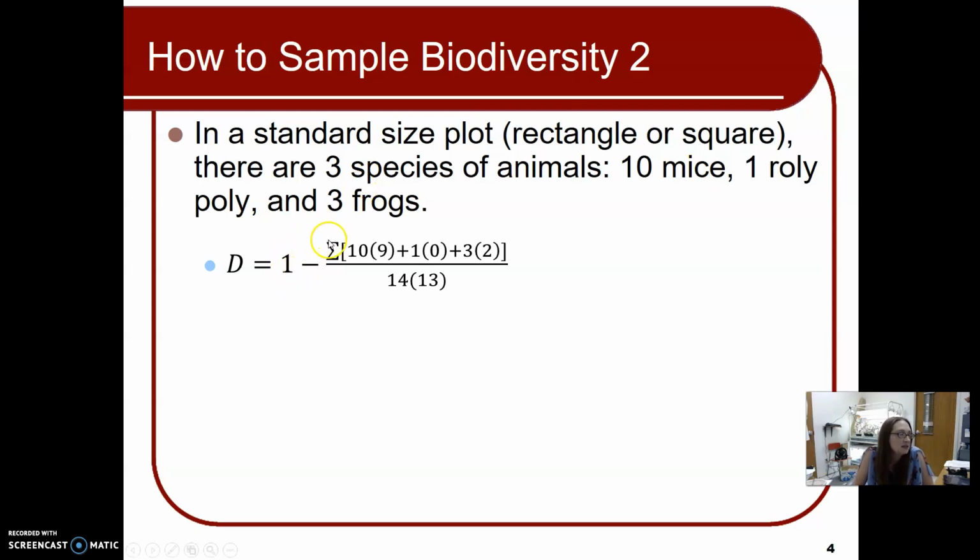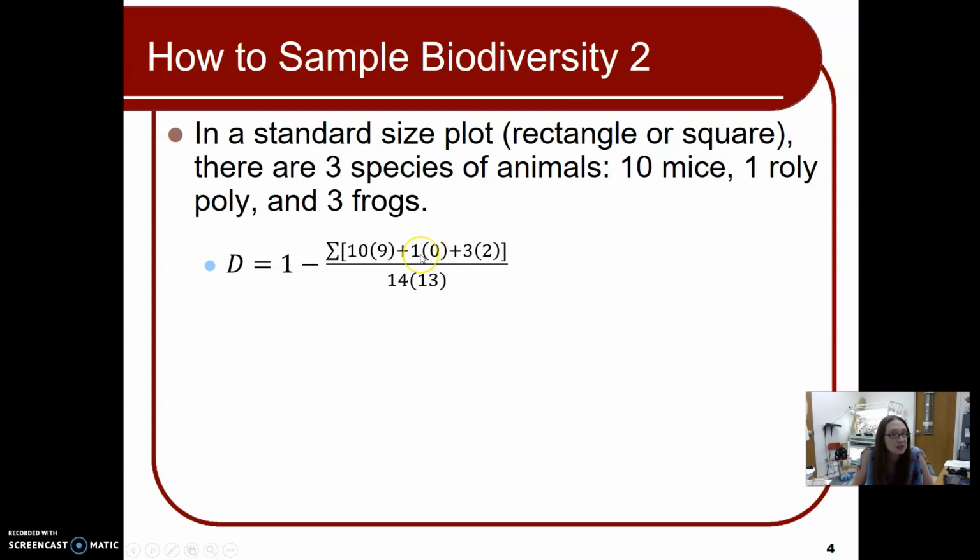1 minus the add them all up symbol. Okay. We had 10 mice, so the little n would be 10 for mice. Little n minus 1 for mice would be 9. You're going to multiply those. Next species, we have 1 roly-poly, and 1 minus 1 would be 0.